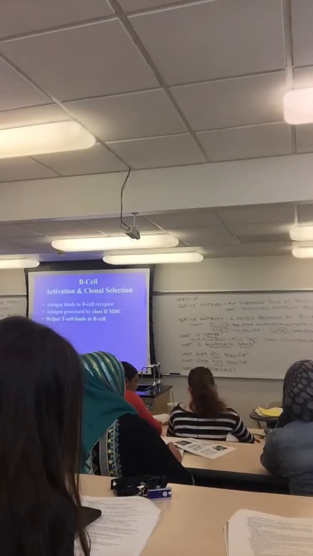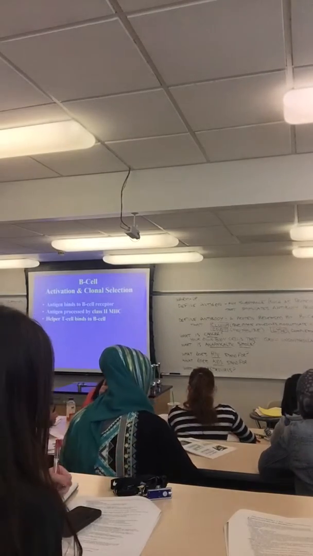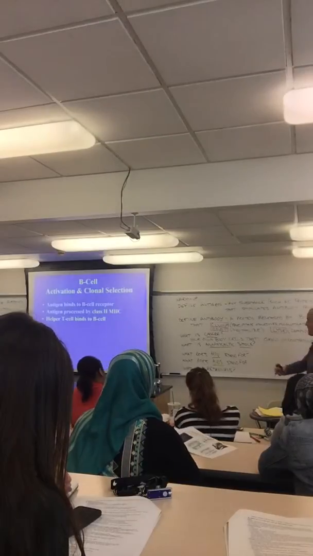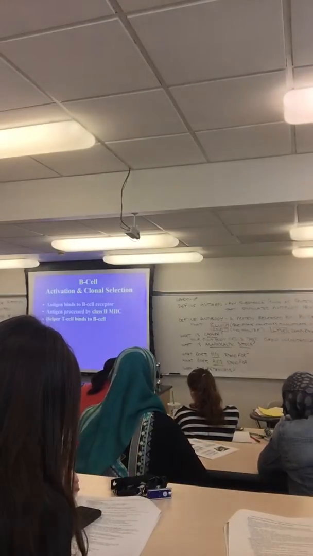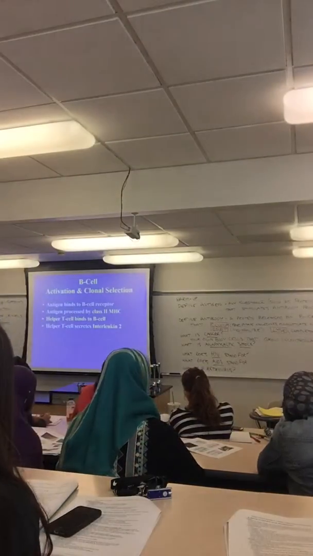Okay? That's an important difference from killer T cells. Killer T cells do not require the direct binding, and in fact, they aren't designed to bind directly with the helper T cell. So the helper T cell secretes interleukin 2 as usual.